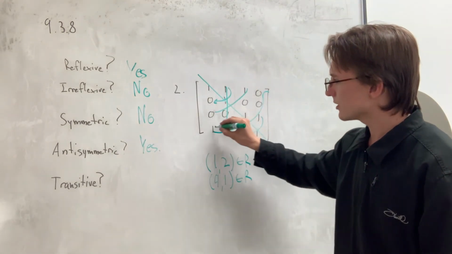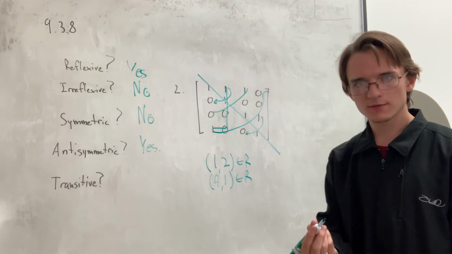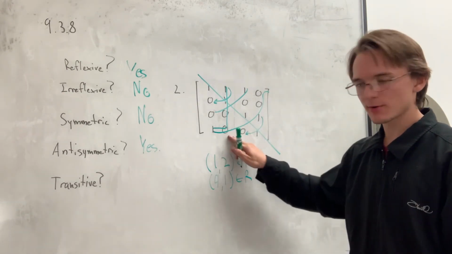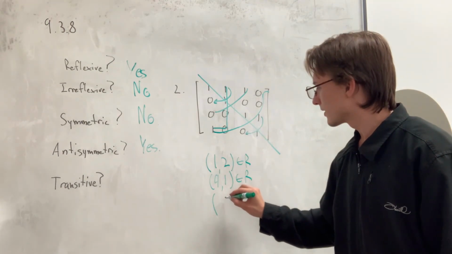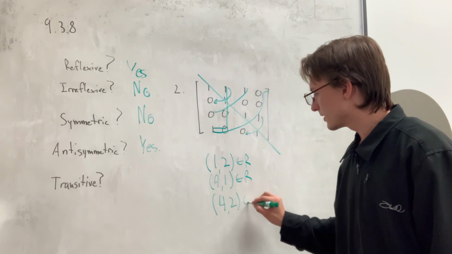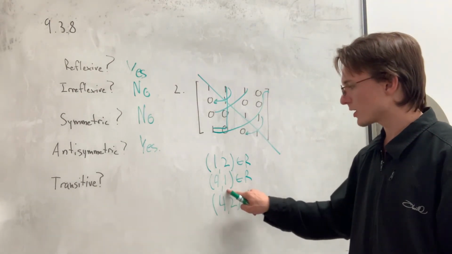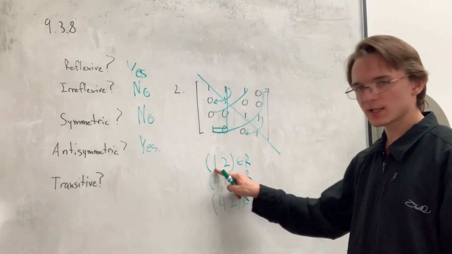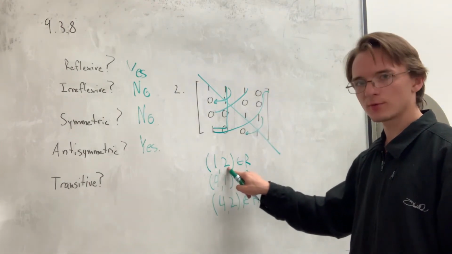The intersection of these should be a 1 if it were transitive, but it's a 0. In other words, 4, 2 does not exist in our relationship, right? We have 4, 1, this 1 matches with the left-hand side of this one, and we have 1, 2, but we don't have 4, 2.